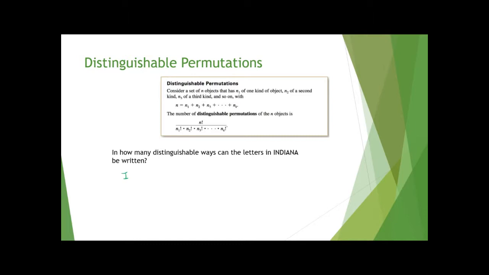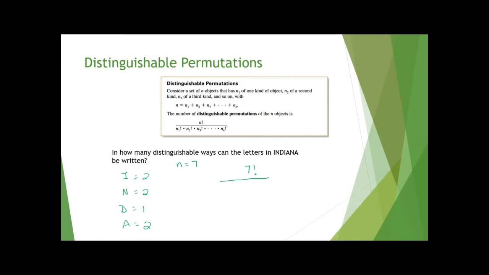There are two I's. We have N. There are two N's in Indiana. There is one D, and then there are two A's. So if we use the formula, there are 7 letters here. So n is equal to 7. So it's going to be 7 factorial.